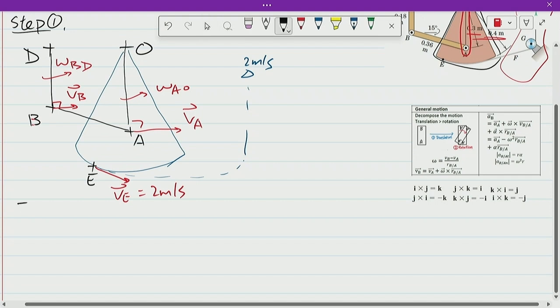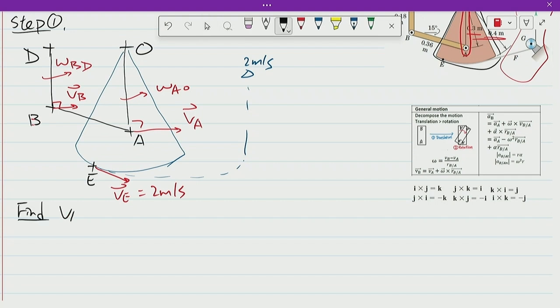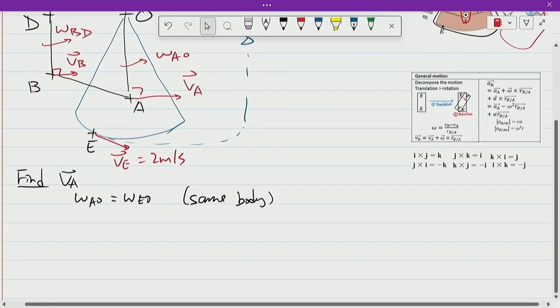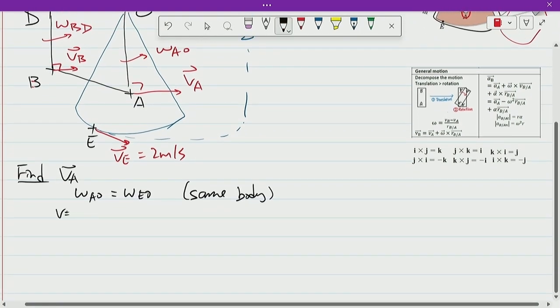First step is to find VA. Omega AO is equal to omega EO because they're on the same body. V is equal to R omega.